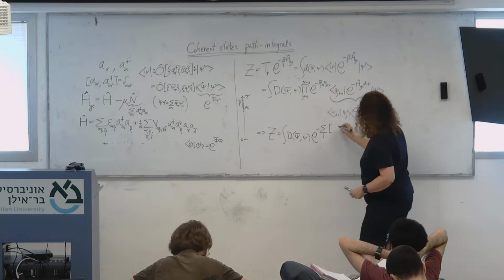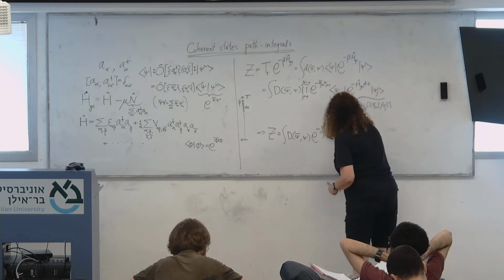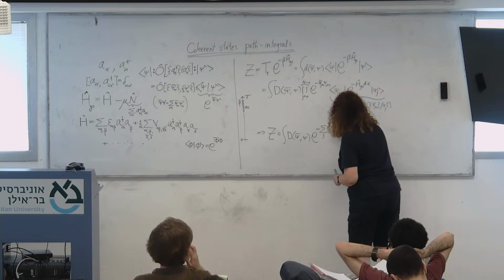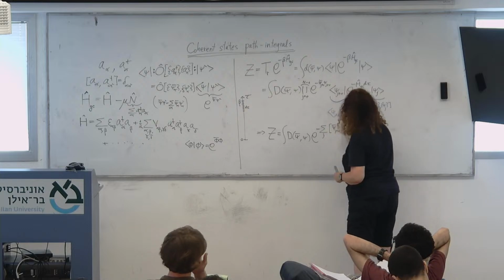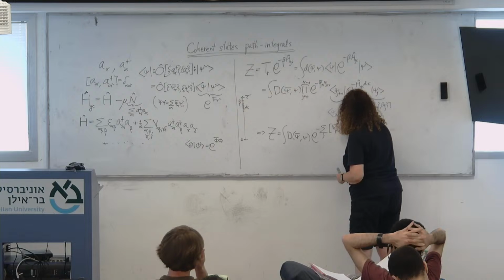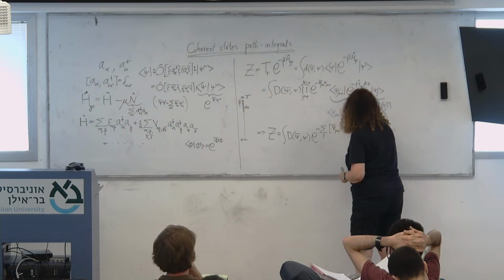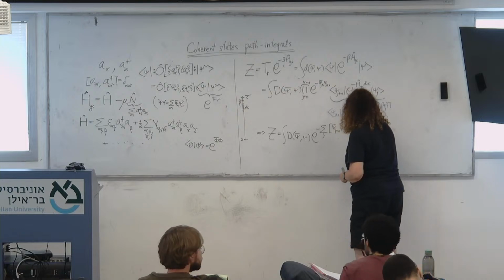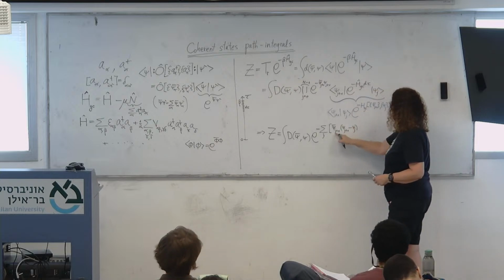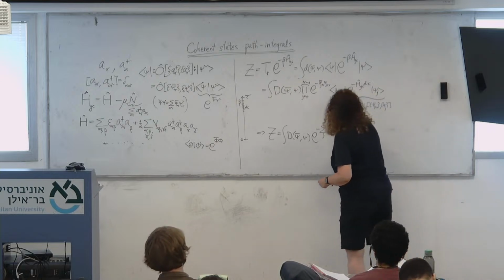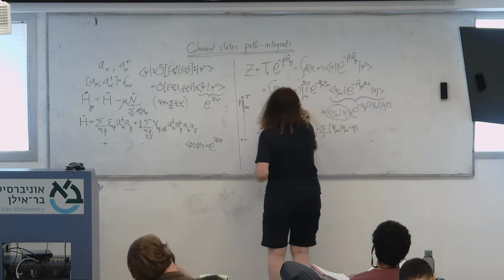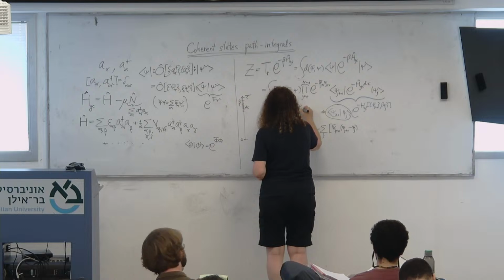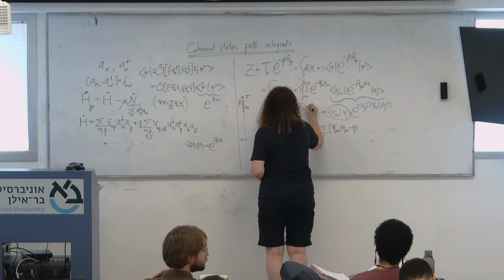I have psi j bar plus 1 times psi j plus 1 minus psi j, which is coming, the second term comes from this overlap, which is given by e to the psi j plus 1 bar psi j.